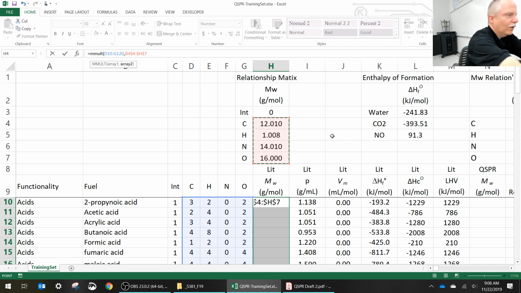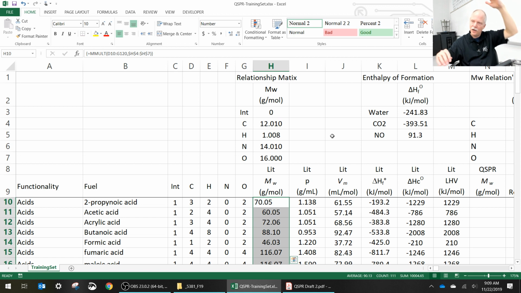So hit F4 to put dollar signs in front of the rows and columns. Close parenthesis, and then this is the real trick. You don't just hit enter, you have to hit Control-Shift-Enter because it's an array formula. When you hit Control-Shift-Enter, it copies that value all the way down. That's the thing most people get wrong with array formulas. So I hit Control-Shift-Enter, and I've done 110 matrix multiplications.